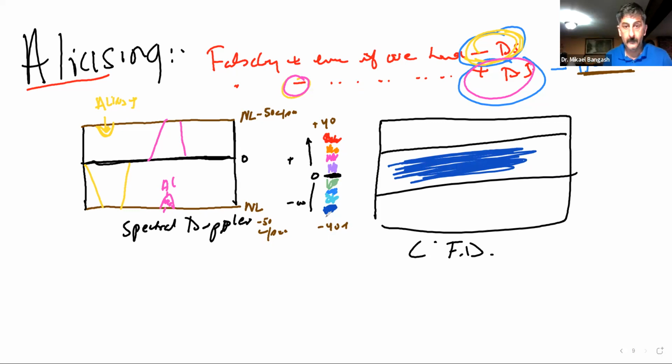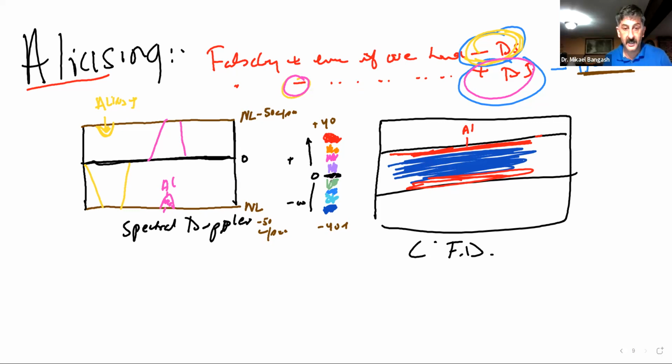Within the same blood vessel you might also see this color here, and this will be your aliasing, which is a color coming from the extreme other side of your color map. Did that make sense?